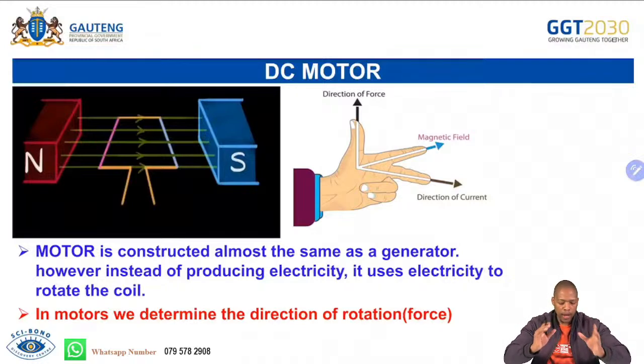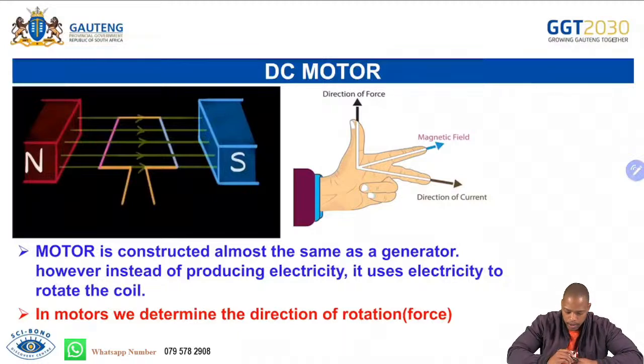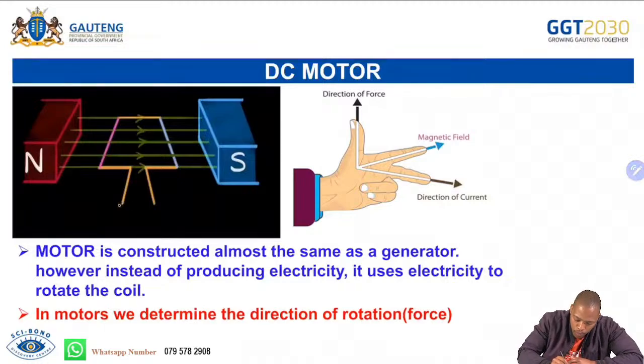Okay. Now, a motor is constructed almost the same way as a generator. However, instead of producing electricity, it uses electricity to rotate. So if I quickly finish up my motor here, my motor needs electricity because we say it uses electricity. My motor needs a power supply.